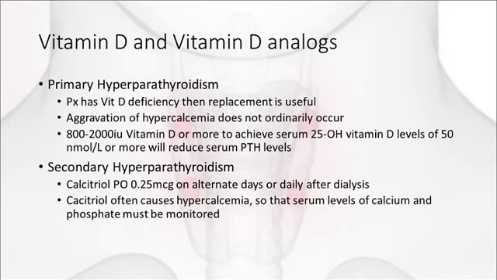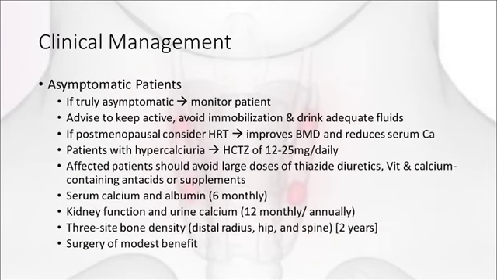Secondary hyperparathyroidism, which is usually a result of chronic kidney disease, requires treatment with calcitriol given orally, 0.25 micrograms on alternate days or daily after dialysis. Calcitriol also causes hypercalcemia, so the serum levels of calcium and phosphate must be closely monitored when using calcitriol.